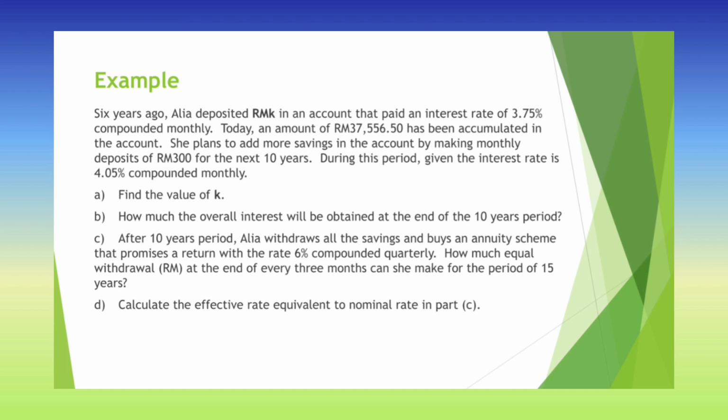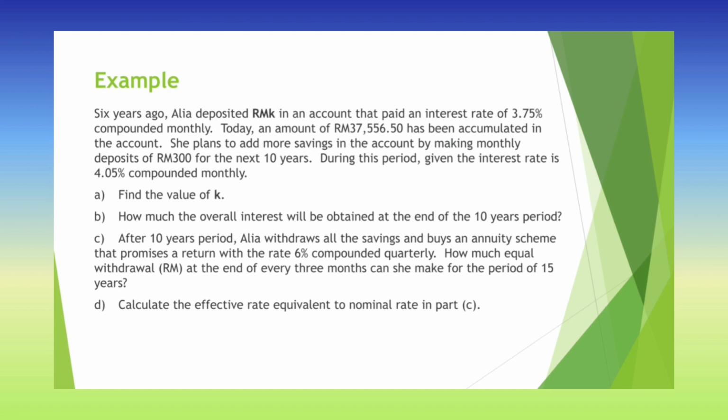Next example. 6 years ago, Alia deposited RMK in an account that paid an interest rate of 3.75% compounded monthly. Today, an amount of 37,556 and 50 cents has been accumulated in the account.